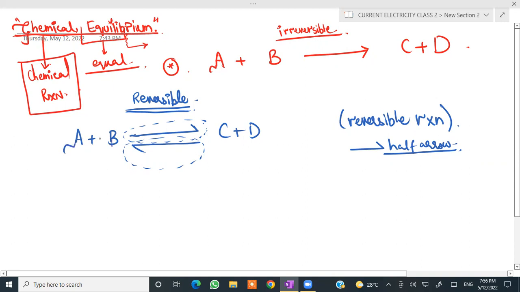Now, the upper arrow is representing the direction of the forward reaction, and the bottom arrow is representing the direction of the backward reaction. This is a backward reaction.